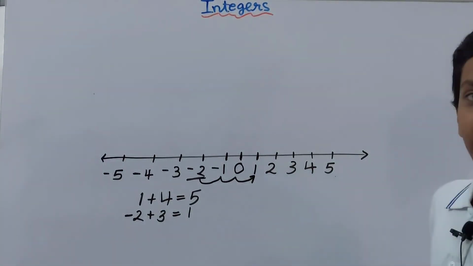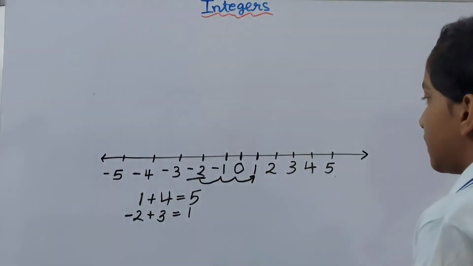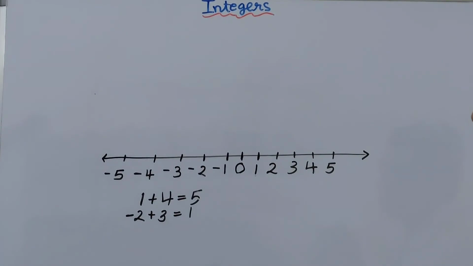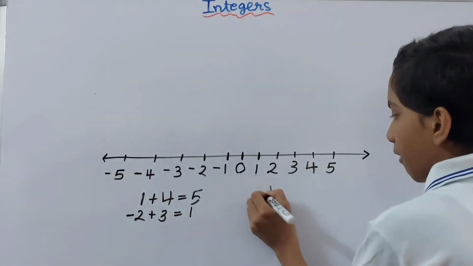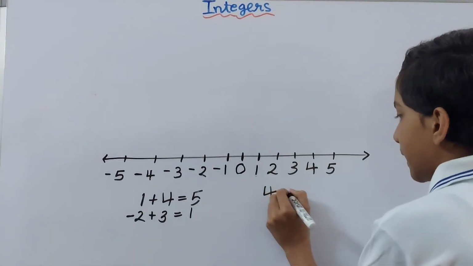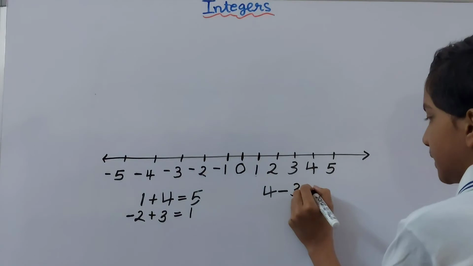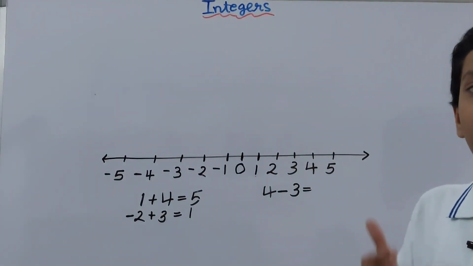Okay, now let's see how can we subtract integers. So let's take our first problem. So let's suppose we have 4 minus 3. Okay, so 4 minus 3, let's see what will we get when we subtract 3 from 4? 1.